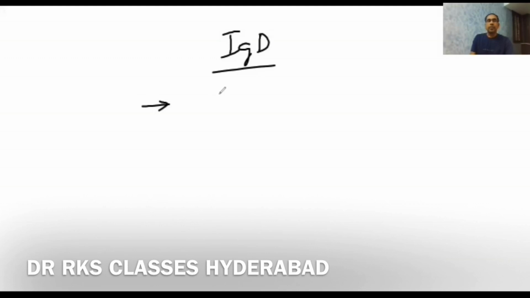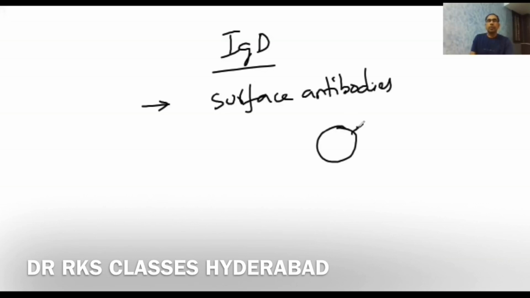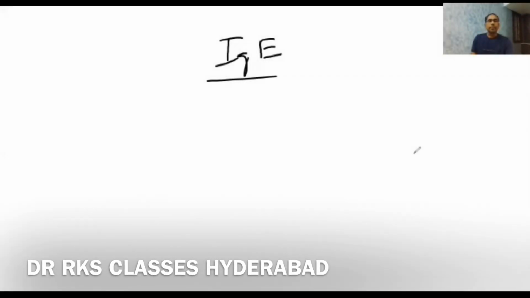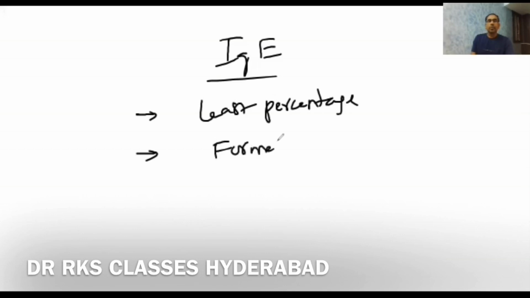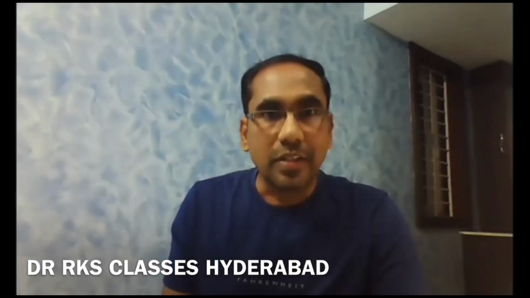These are surface antibodies found on the surface of the B cell. Next, IgE is of the least percentage. They are formed at the time of allergy. This is about the antibodies.